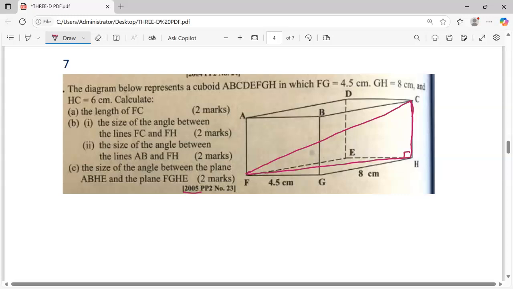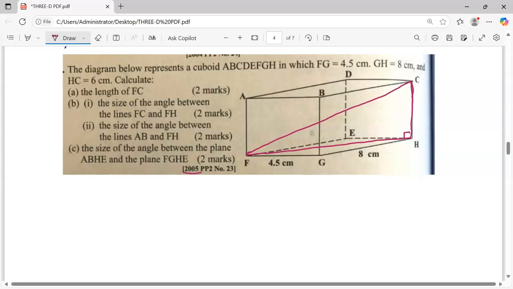But remember, we cannot calculate FC if we do not have FH, and therefore we are going to use this triangle FHG to get the length FH first.